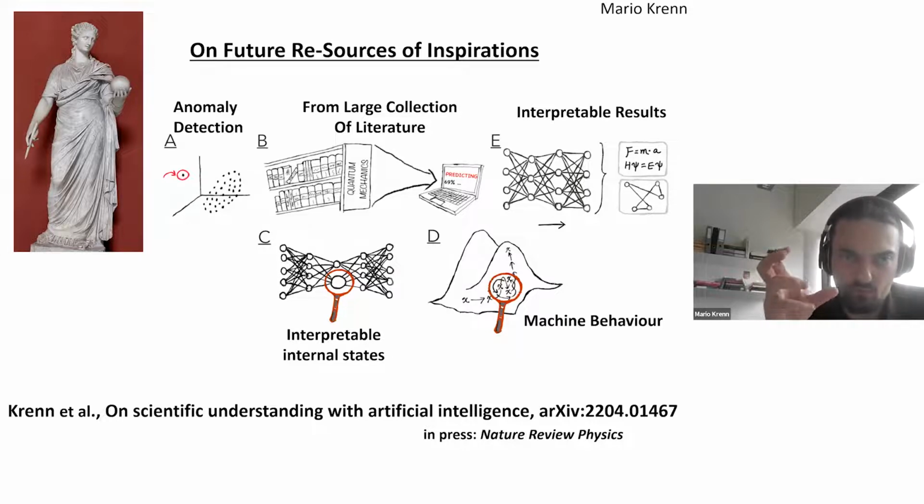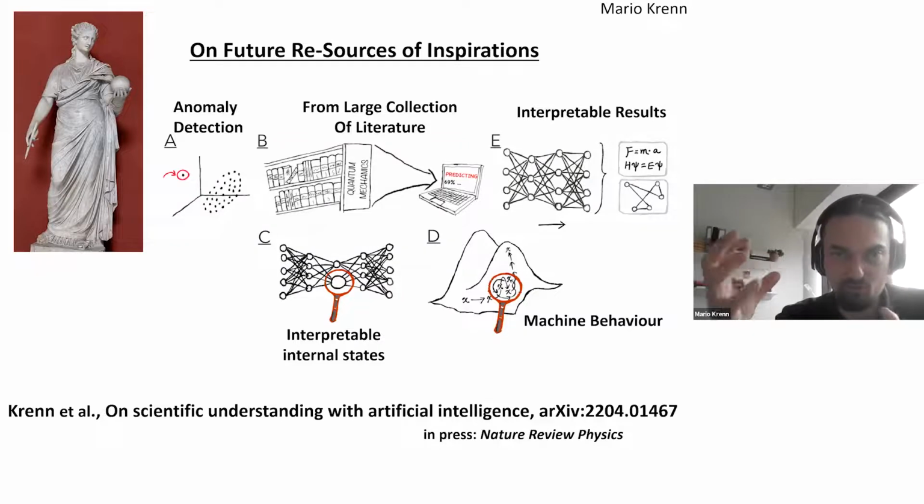And one of those ways how we can get understanding is by using computers as a source or resource of inspiration. And we collected 5 ways how this is possible. There have been some steps in these directions and what would be possible.